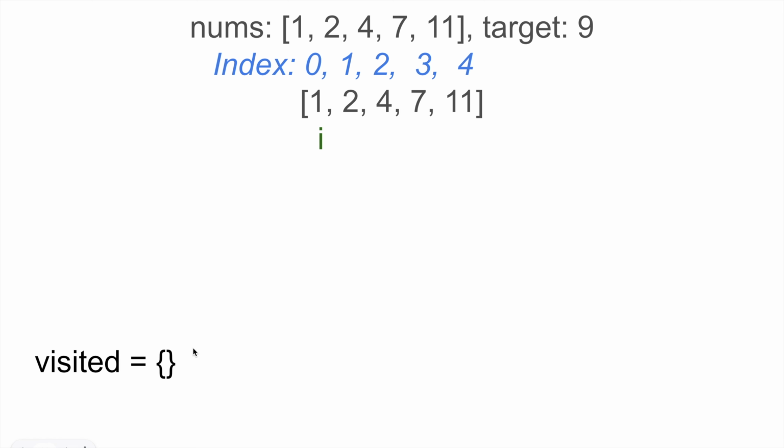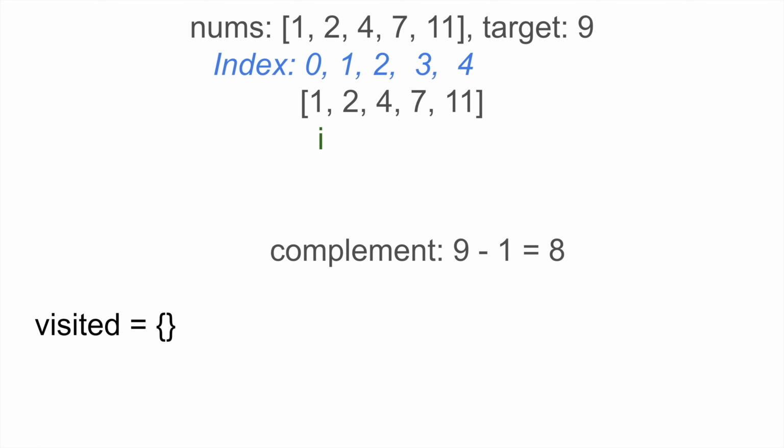So we're going to start at index 0, and we get the value at the current index. Then we find the complement of that value, which is the target value minus the current value. So here the target value is 9 and the current value is 1, so 9 minus 1 is 8.